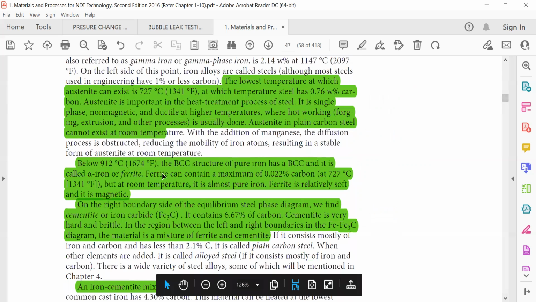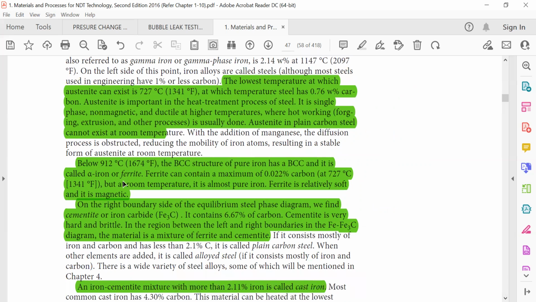So below 912, BCC structure pure iron is called alpha iron or ferrite. Ferrite can contain a maximum of 0.022% carbon. On the boundary side of the equilibrium steel phase diagram, we find cementite, iron carbide.